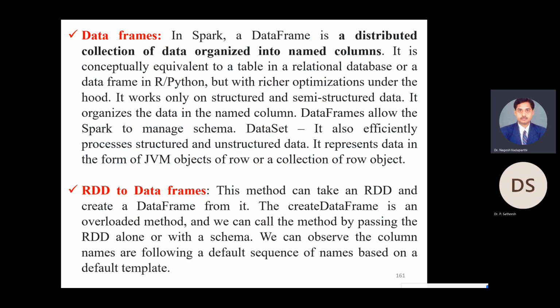So what is meant by data frame? Data frame is a terminology used in Spark. It is a distributed collection of data organized into named columns, like attributes, like dimensions. A data set is a collection of rows and columns.